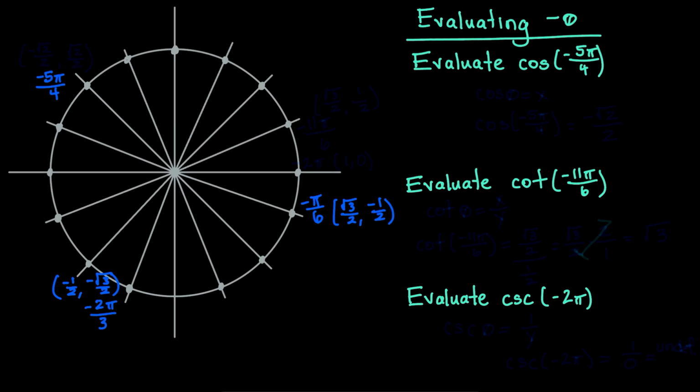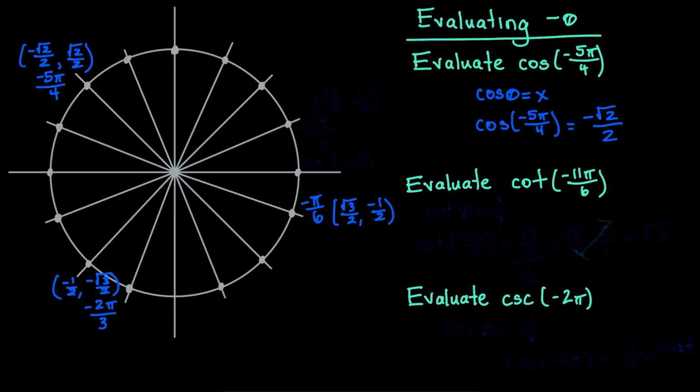In quadrant 2, x's are negative, y's are positive. So I know my coordinate point is negative radical 2 over 2, comma, radical 2 over 2. Cosine of theta is equal to x. So cosine of negative 5 pi over 4 is equal to negative radical 2 over 2.